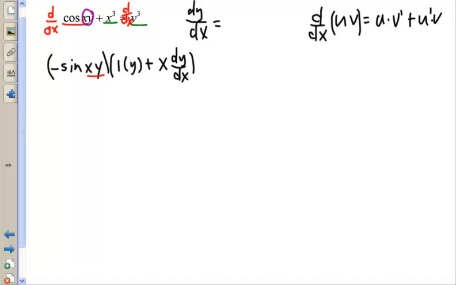If you prefer y prime, that's no problem. Then plus 3x squared equals 3y squared dy dx. Remember, we have to account for the derivative of y. Anytime we take the derivative of y, we've got to account for that guy.